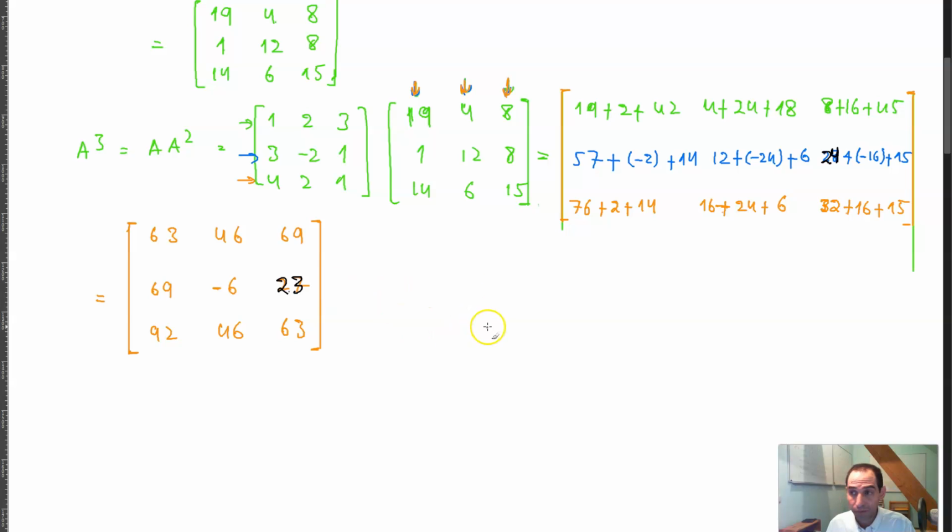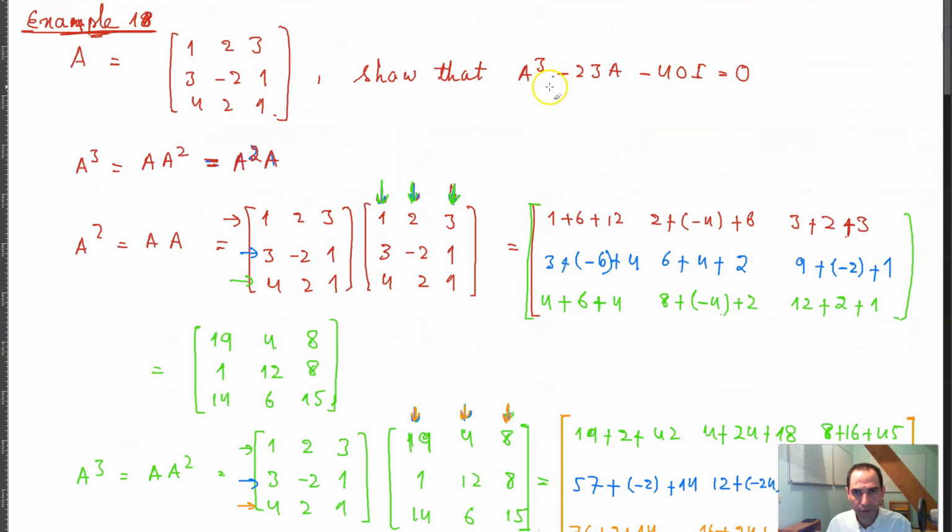So now what I wanted to calculate was this expression over here, a cubed minus 23a minus 40i.